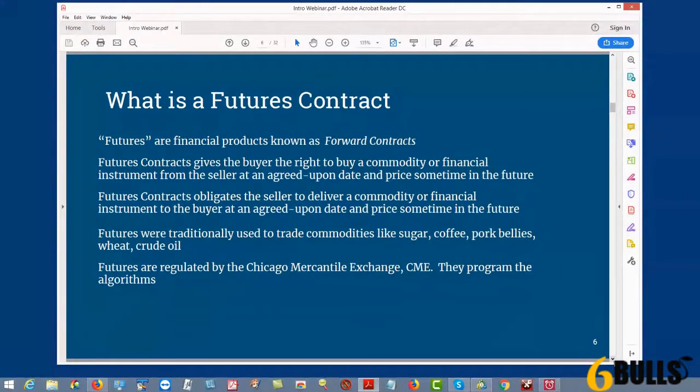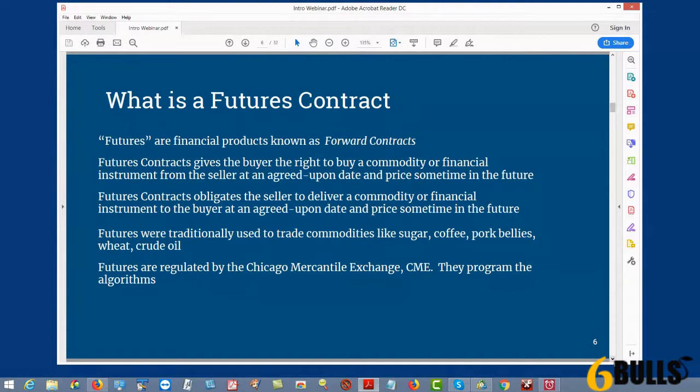So for those of you who are unfamiliar with futures, let me just tell you what a futures contract is. Futures are known as forward contracts, and it's a contract between a buyer and a seller. The asset could be a commodity, could be a financial instrument, whatever it is.